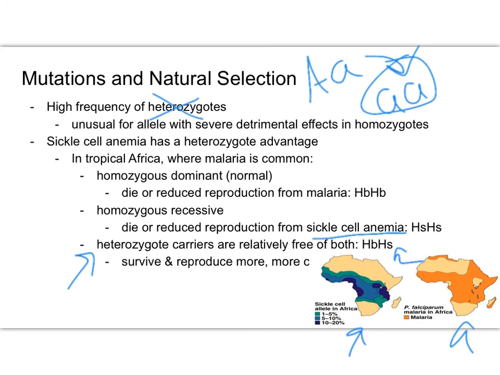But when the blood cells are sickle-shaped, the plasmodium can't survive. So it is beneficial to have sickle-shaped cells in places where malaria is more common. However, you don't want full-blown sickle cell disease because now you have those problems. So in this particular instance, the heterozygote carrier is an advantage. It is a benefit.